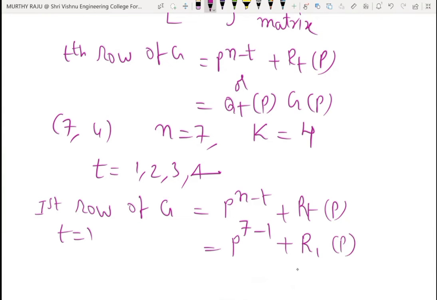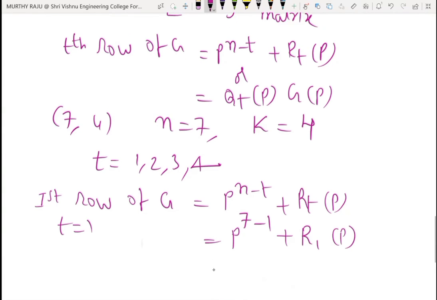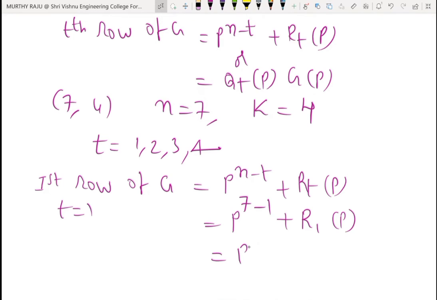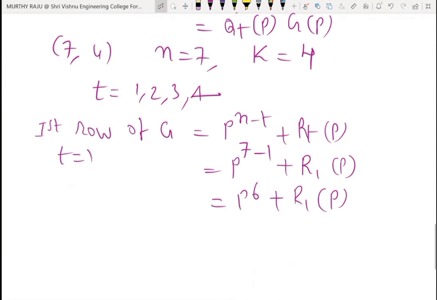That is equal to P power 6 plus R1 of P. Now we will determine R1 of P. How will we determine R1 of P?